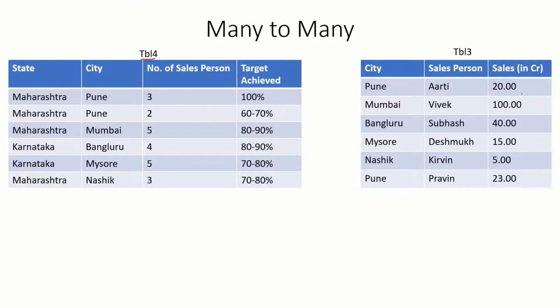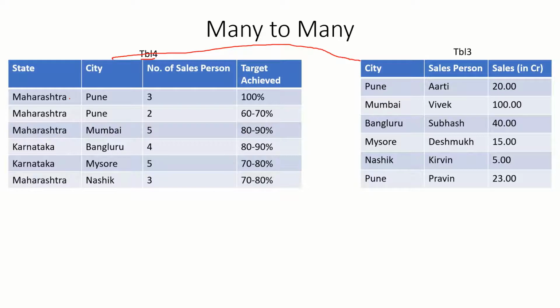Now for this example, if we want the sales data as per the state, we'll join table 4 with table 3, and again the common ground is the city column. We have created a relationship between these two tables. Now let us understand what the cardinality is.